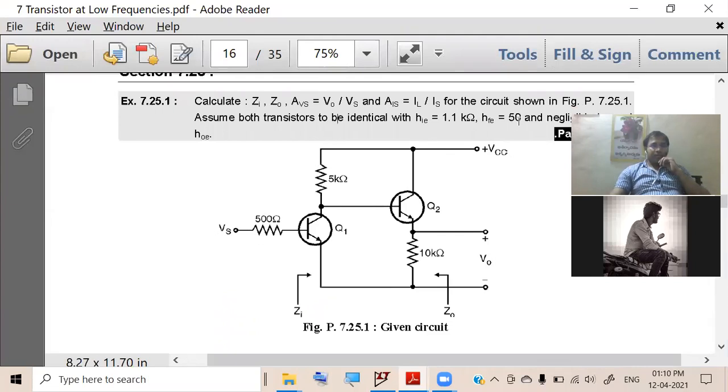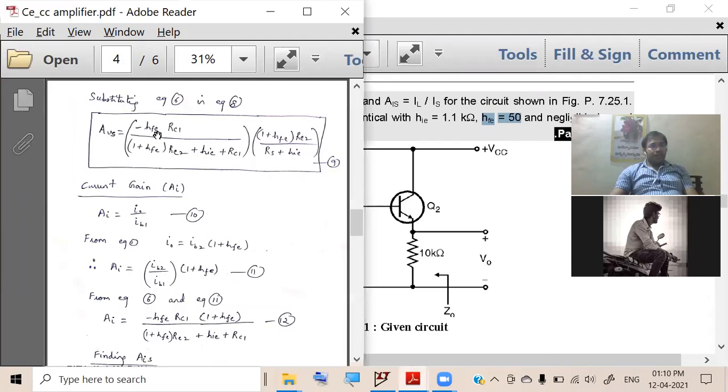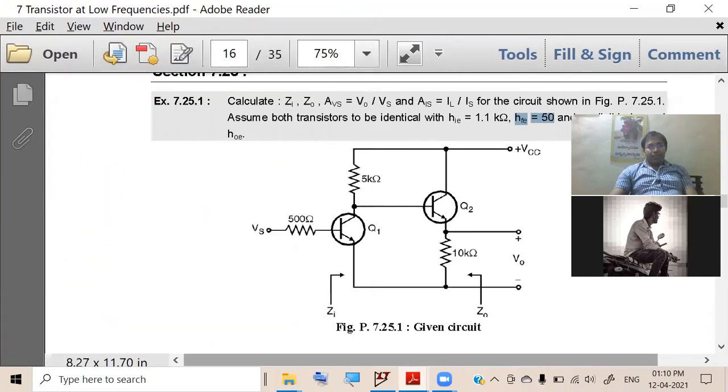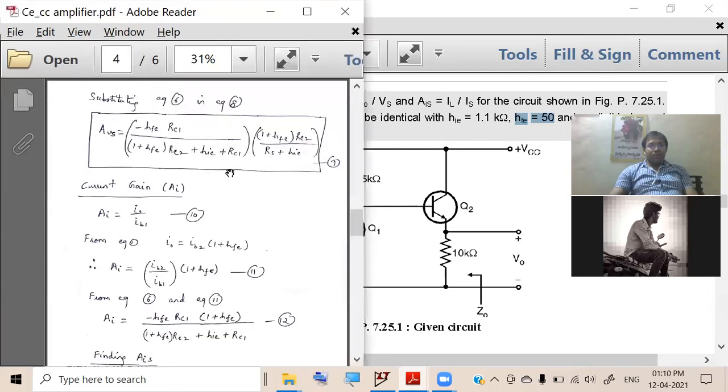HFE is given 50. Here HFE I will substitute. What else? RC1. This is RC1, 5 kilo ohm.